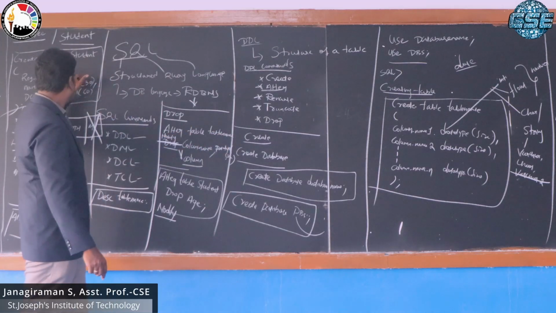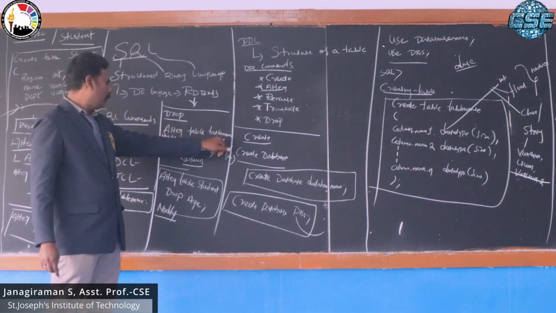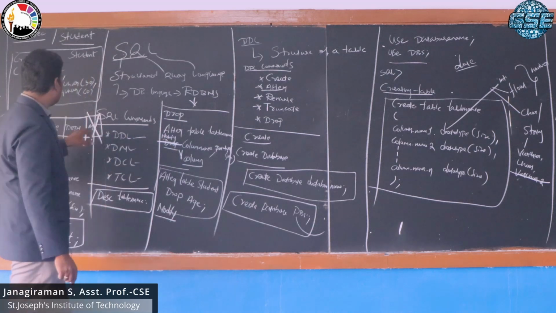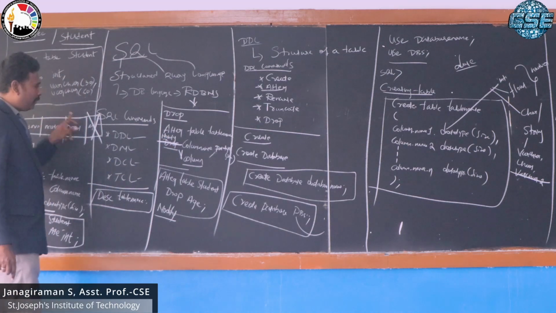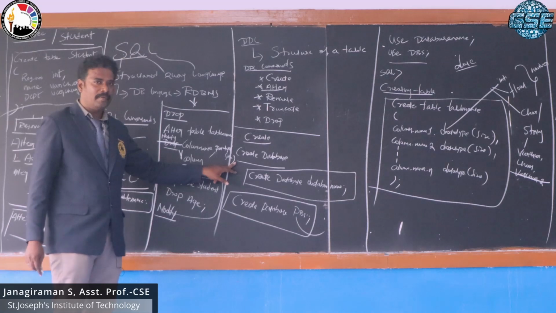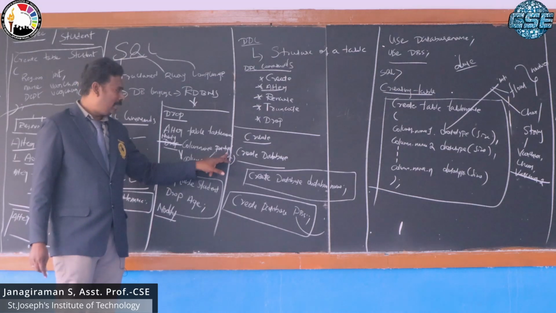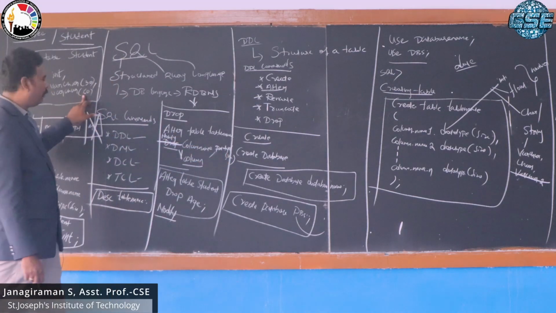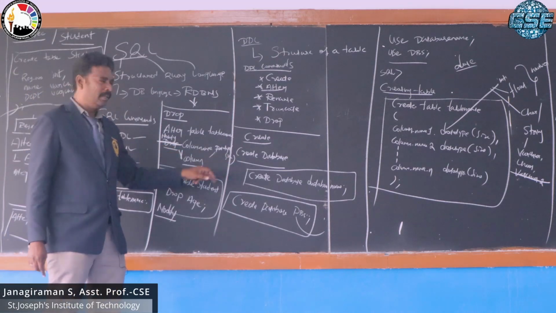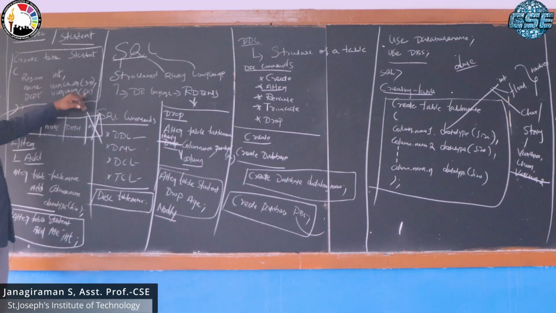What is the table name here? Student. So alter table student, modify. What column do you want to modify? The department. So you want to modify the data type size. You just change it to 60, then it's done. So the department data type size will be changed to 60.